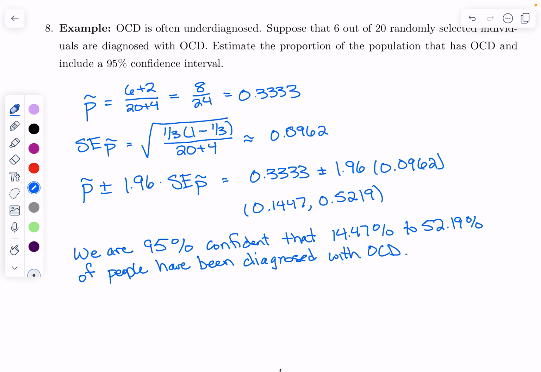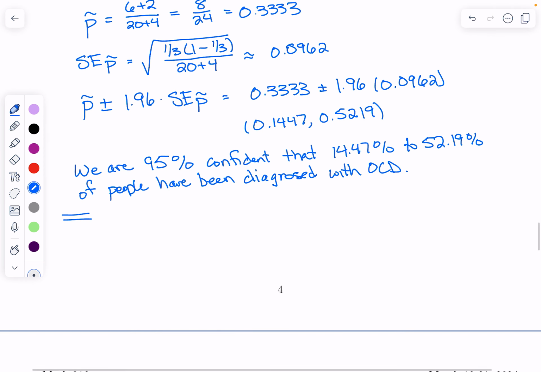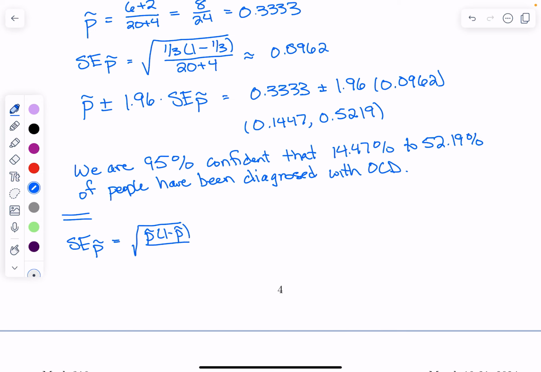I do want to make one final note. If you look at the standard error of p tilde, which is the square root of p tilde times 1 minus p tilde over, say, n plus 4, you can say that this is less than or equal to the square root of p tilde times 1/2 over n plus 4.